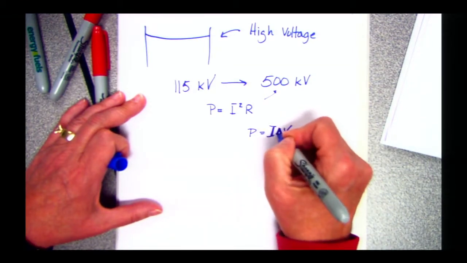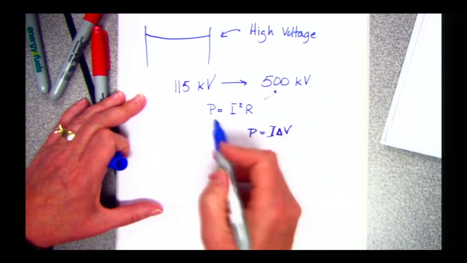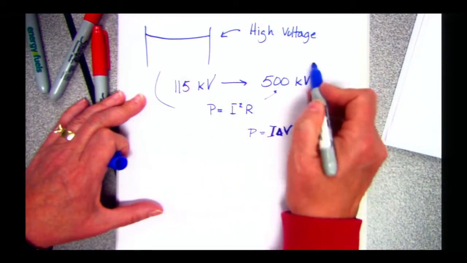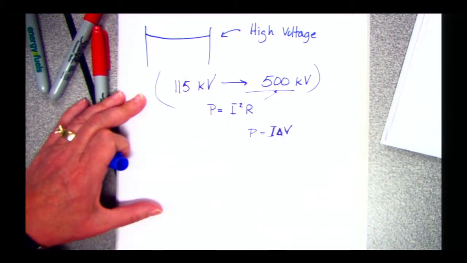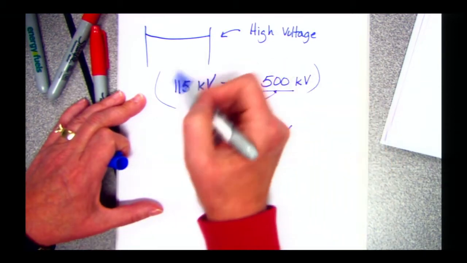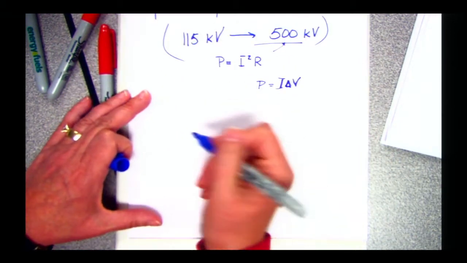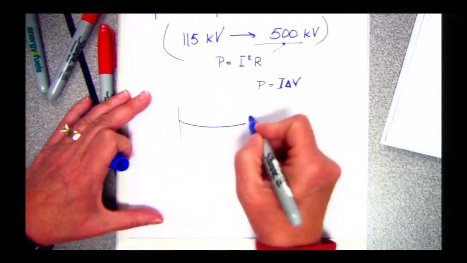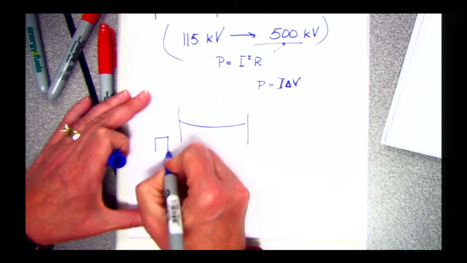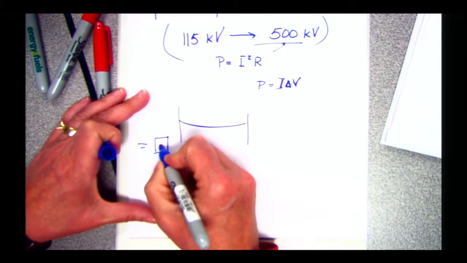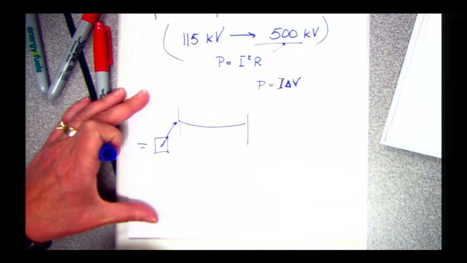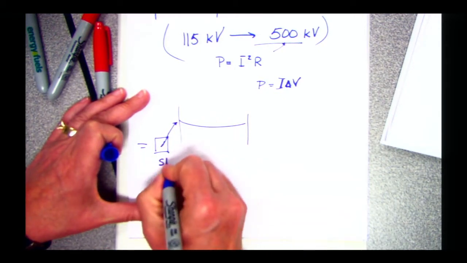So to minimize power losses over long distances, we want to be at a higher voltage. So one of the things that happens in our system here is I've got my power generation here, and I got to step it up, what we call stepping up.